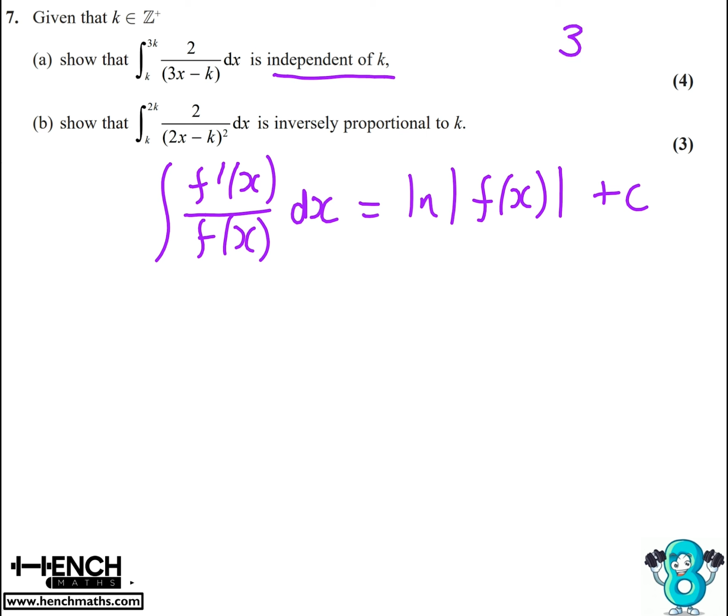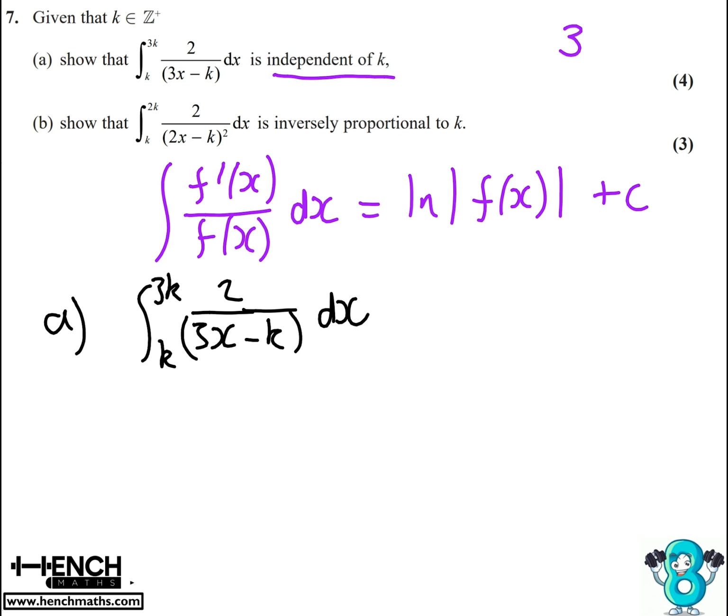Now on the top we have 2, so that means that effectively our answer can be 2/3 of the natural log of our denominator. So 3x subtract k, integrated with respect to x, is going to become 2/3, because if it was a 3 on top it would be the whole thing, the natural log of 3x subtract k.